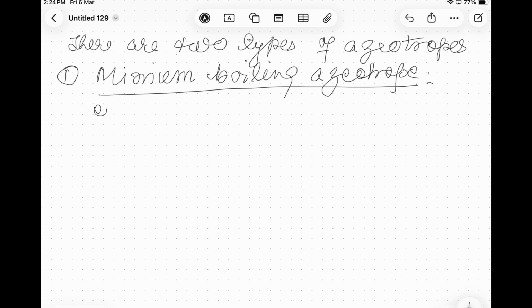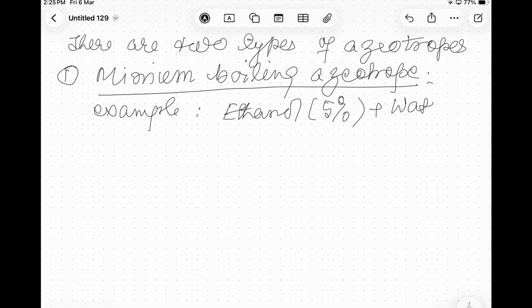Let us take an example. The mixture containing ethanol 5% and water 95%. This mixture is an example of azeotrope.